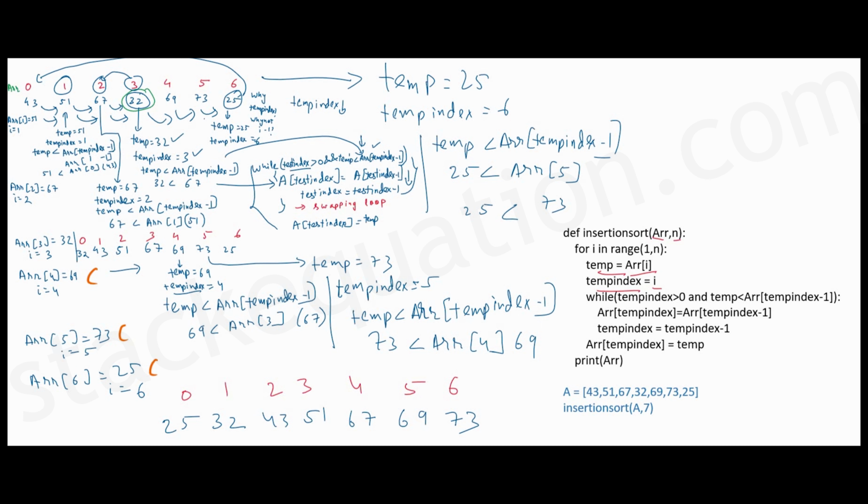If we find an element smaller than the previous elements, we move all the elements to the right hand side, till temp index is greater than 0, and then after the movement is done, we restore the temporary value to its right place, and then we print the array. So after we execute this function, if you input this array, then you will get this answer.